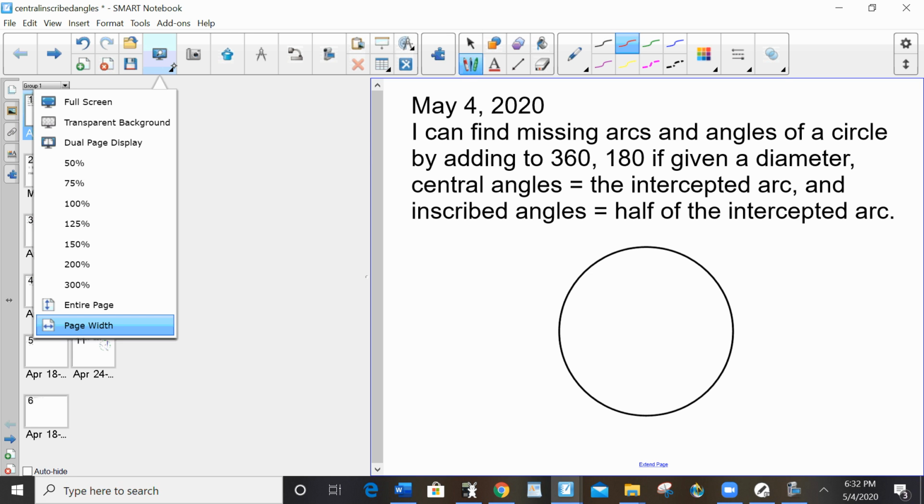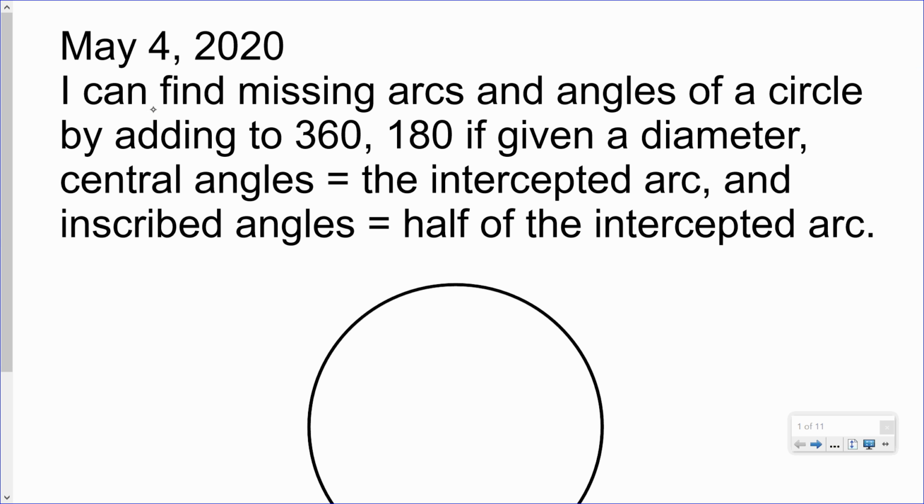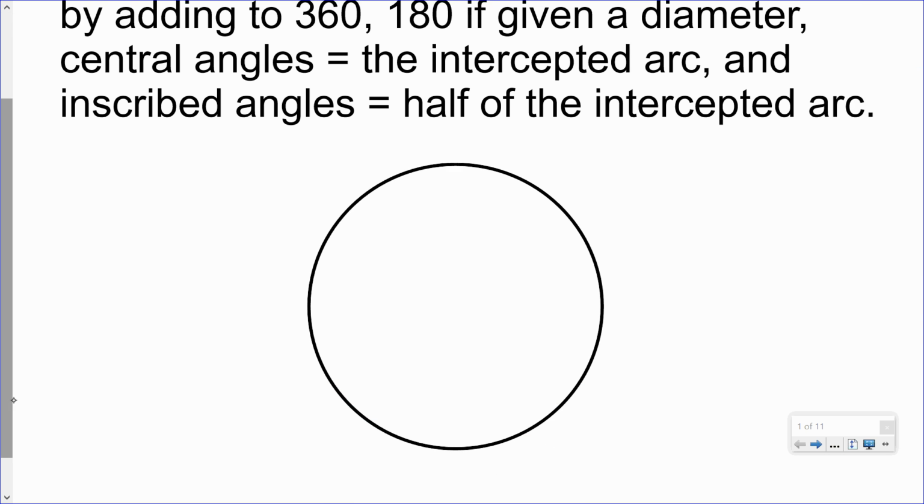Now the full arcs of a circle add to 360. Basically, if you walk yourself in a full circle, you've gone 360 degrees. Now if I draw in one of these, which we talked about in the last unit, a line segment that goes through the center is a diameter.